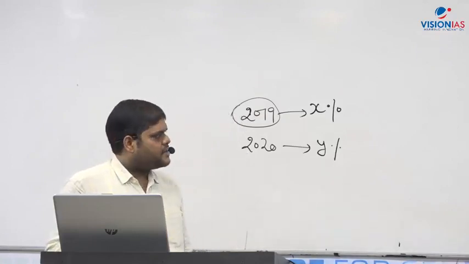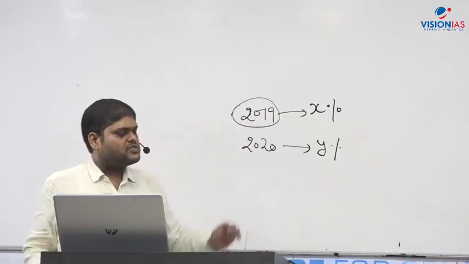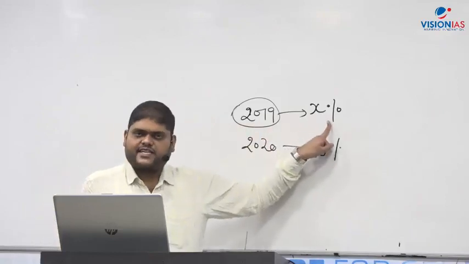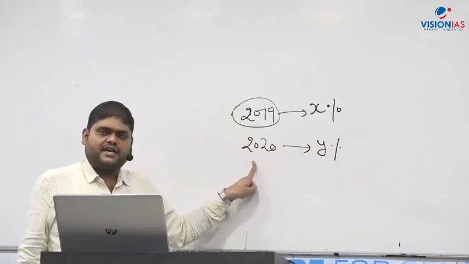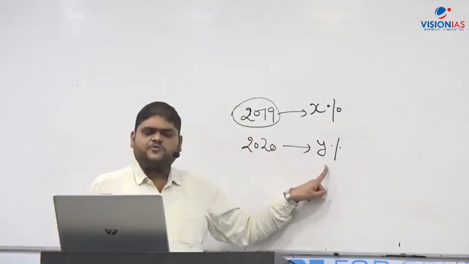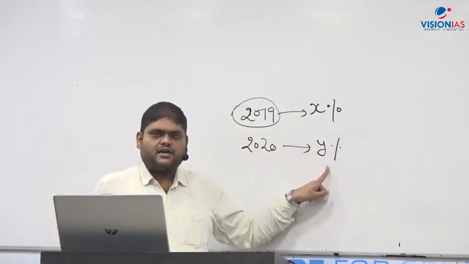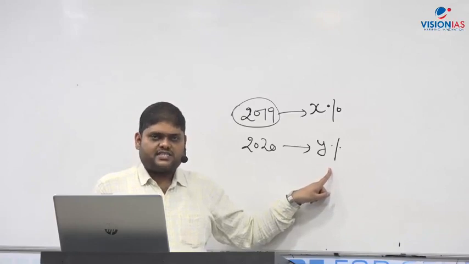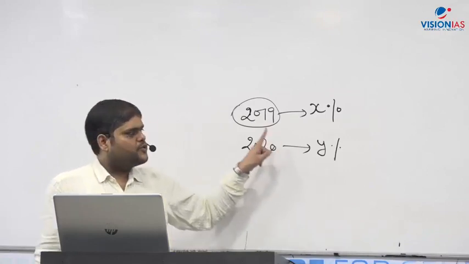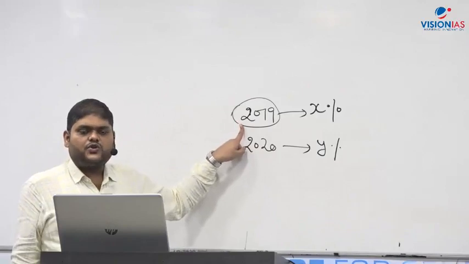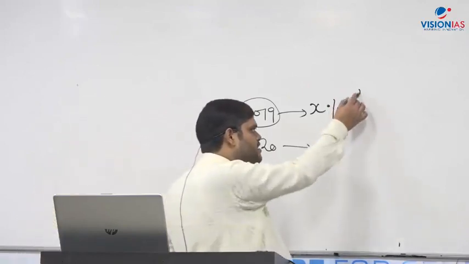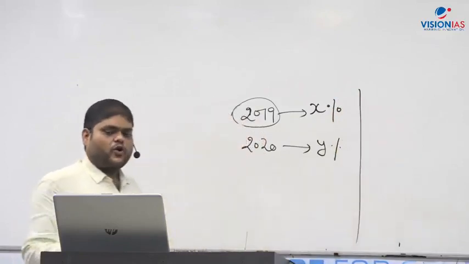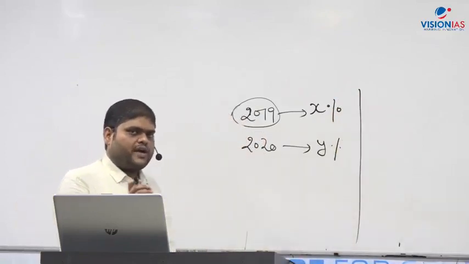I am repeating. In 2019, the population increased by X percent. Because of coronavirus in 2020, the population decreased by Y percent in such a way that the new population is equal to the starting population of 2019. Then, which of the following can be true?